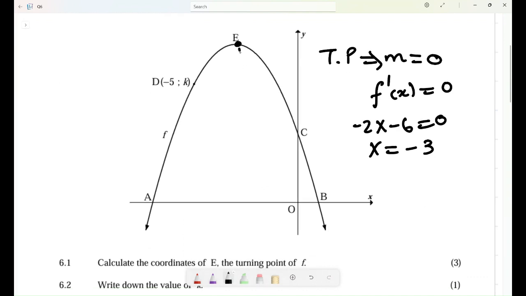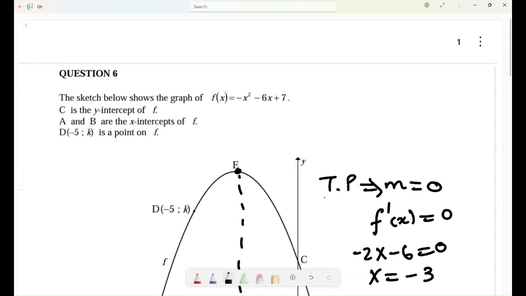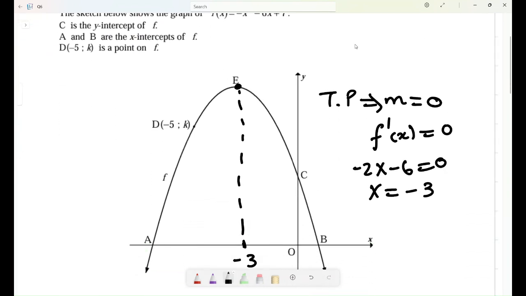So this is the x coordinate, and you should make sure that your answer makes sense. Yes, it does, because it is on the negative x values. So how do I get y? I take this x and substitute it into this equation.